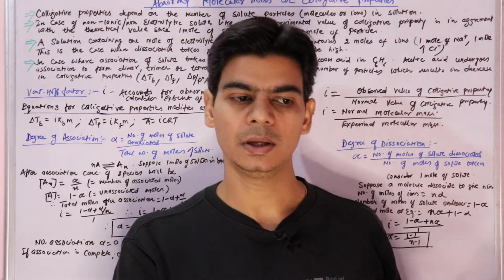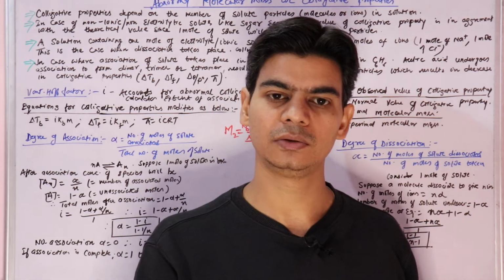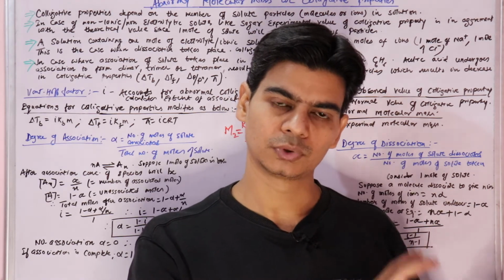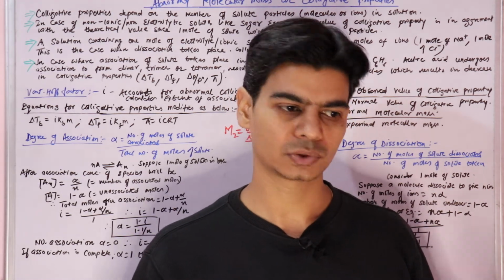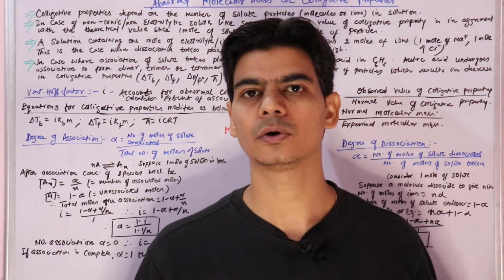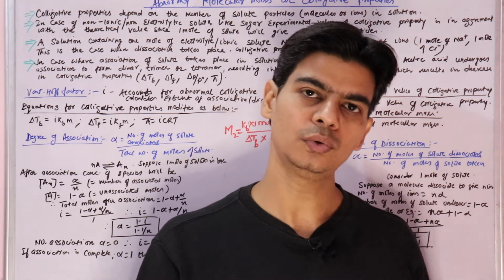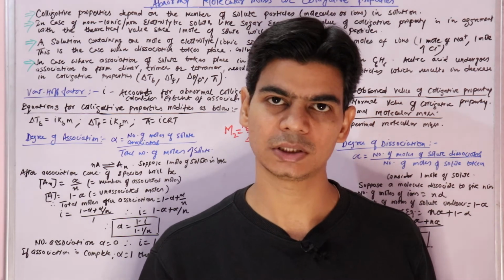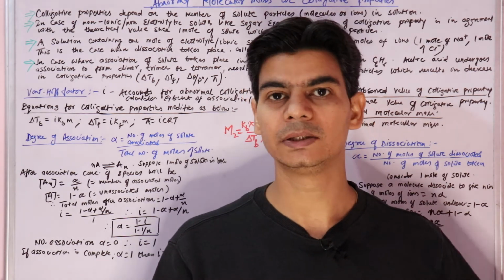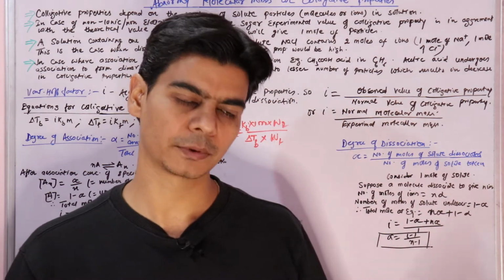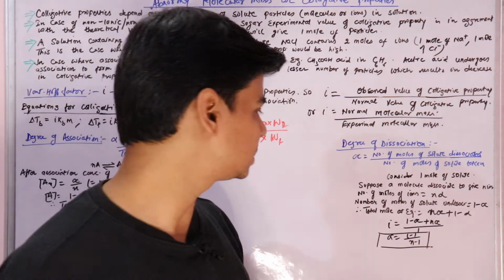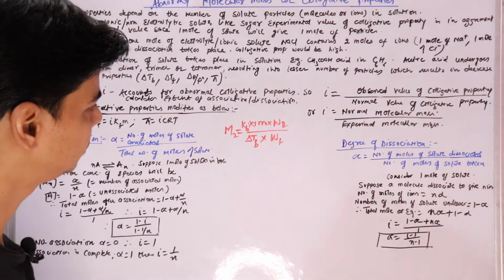In solution it undergoes dissociation to produce 2 particles, so the observed value is due to 2 particles. In case of dissociation, the number of particles increases, so the colligative property has increased.